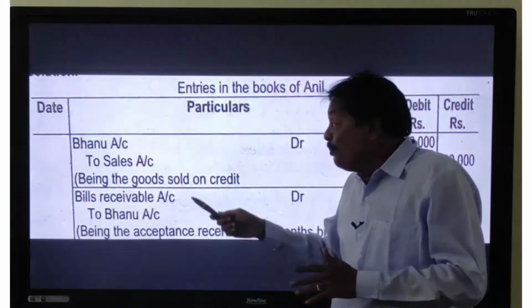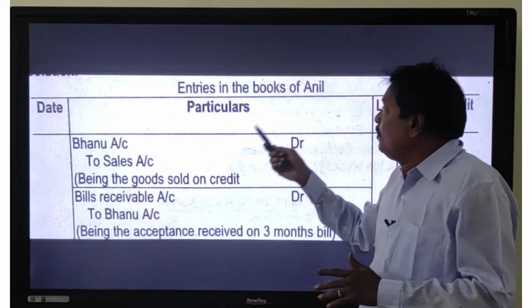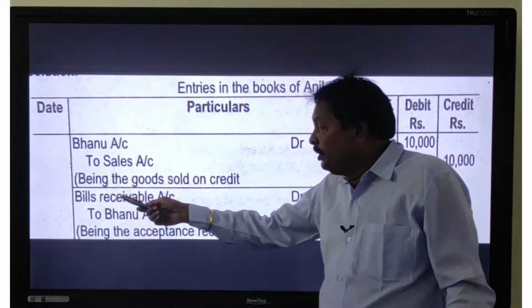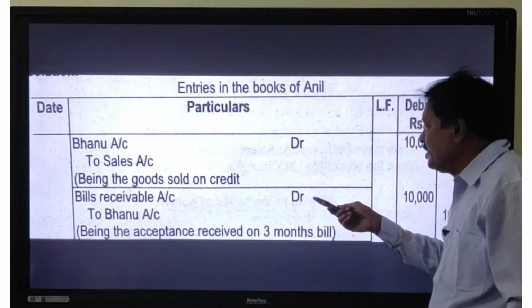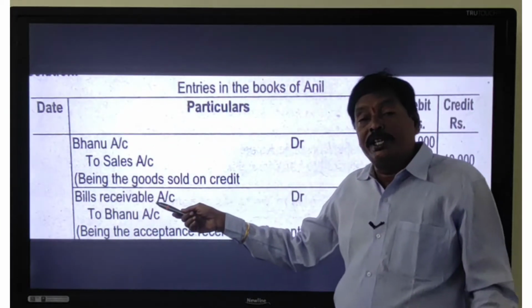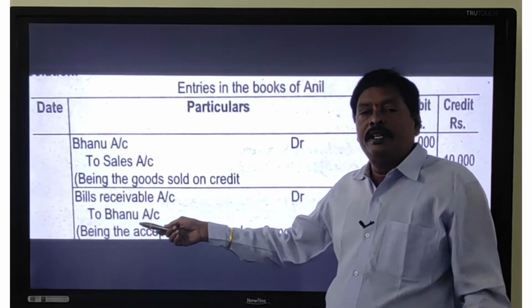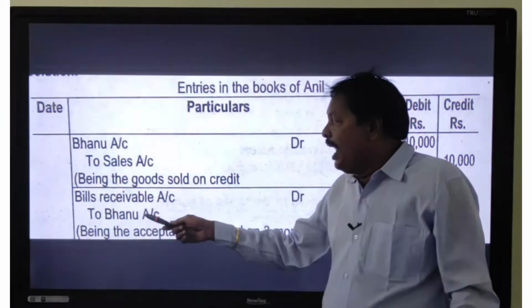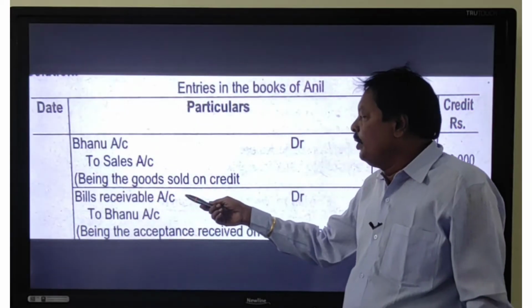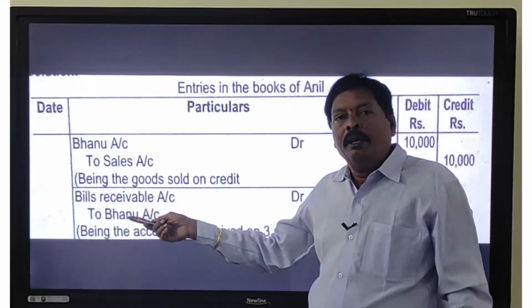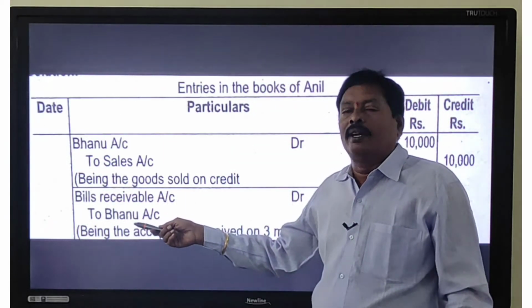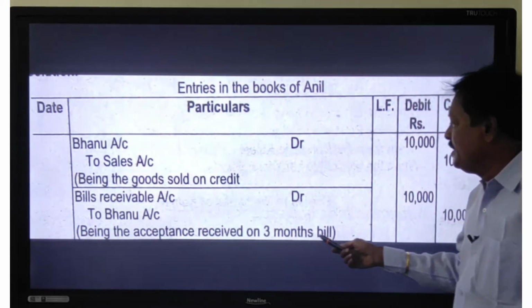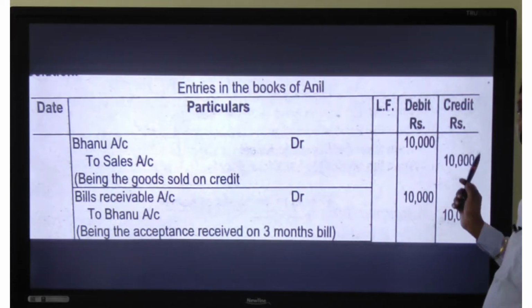Here, bills receivable comes to Anil, so it is debited. Who gives this bills receivable? Banu gives it. Banu is a personal account, credit the giver. So bills receivable account debit to Banu account, being the acceptance received on 3 months bill, 10,000.